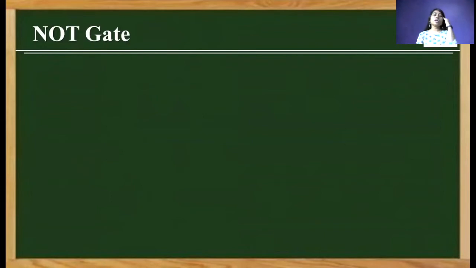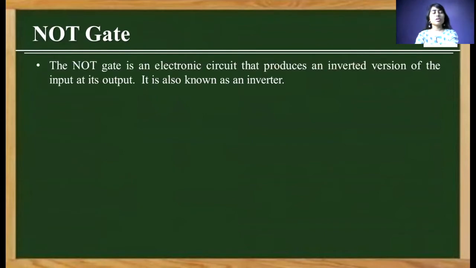First, NOT gate. The NOT gate is an electronic circuit that produces an inverted version of the input at its output side. It is also known as an inverter. That means using a NOT gate we can produce inverted output.